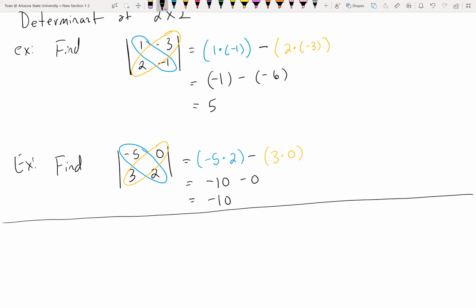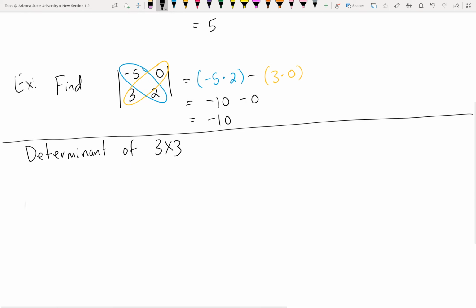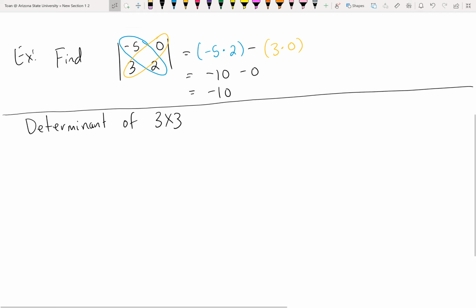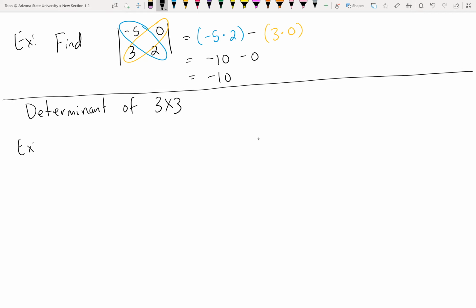To find the determinant of a 3 by 3, it's a little bit more work. There are lots of different ways to find determinants of a 3 by 3. The fancy, formal, rigorous way is called cofactor expansion. I think we're going to talk about a faster shortcut in this video. So, for example, let's say I ask you to find the determinant of 3, -1, -5, 5, 1, 2, and 3, -1, and 1.